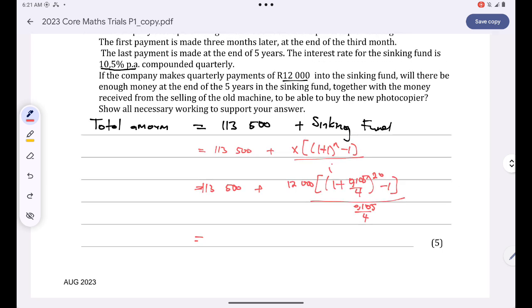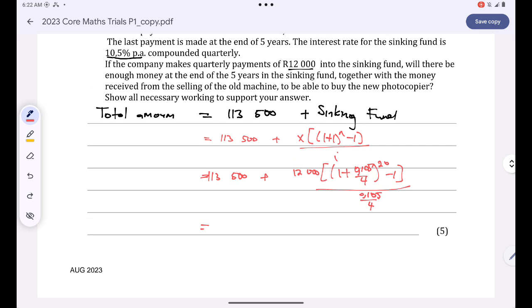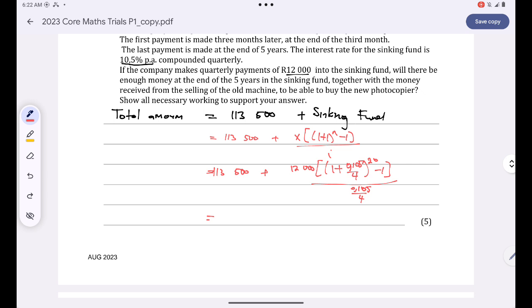So let me just punch my precious calculator. That's 113,500 plus 12,000 multiplied by 1 plus 0.105 divided by 4, all raised to the power 20 minus 1, and then all over 0.105 divided by 4.